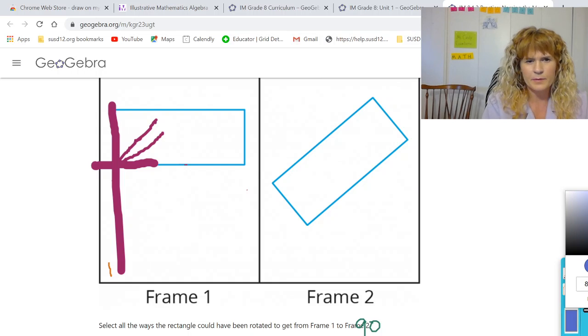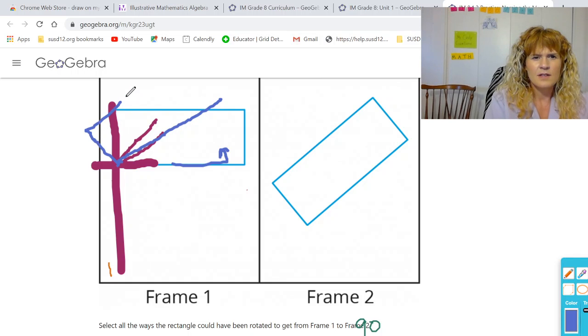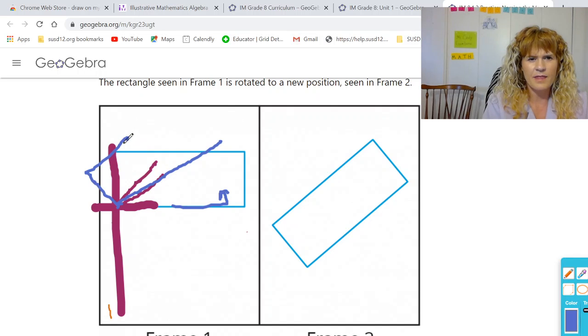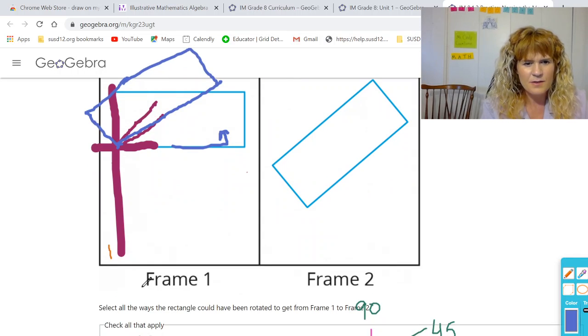How about some light blue? So now this bottom line is going to go up 40 degrees, and I estimate that's about here. And now I'll draw my rectangle. Something like that. Hey, they look the same. Don't you think so? So 40 degrees counterclockwise rotation?